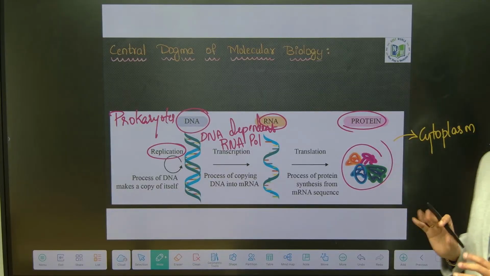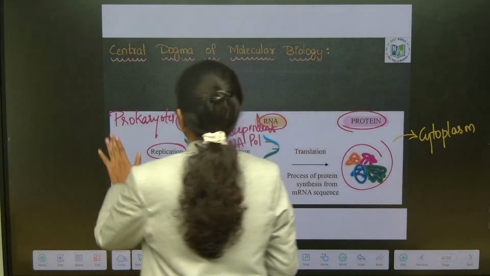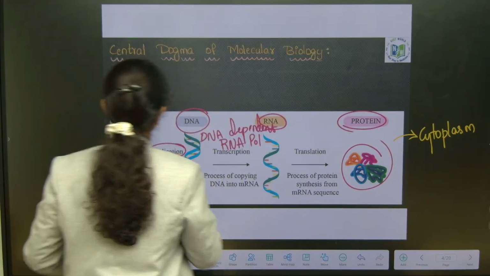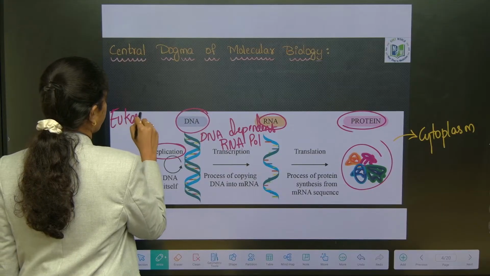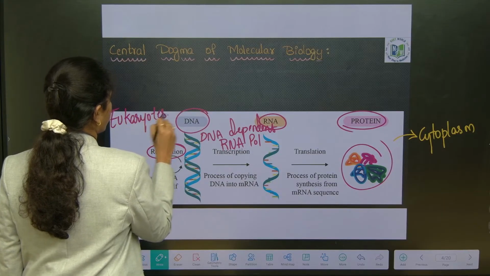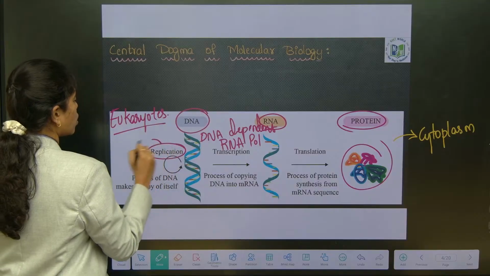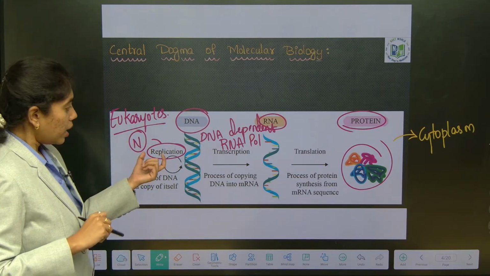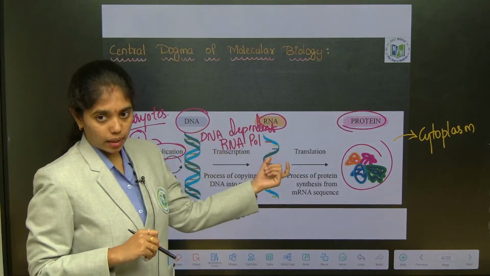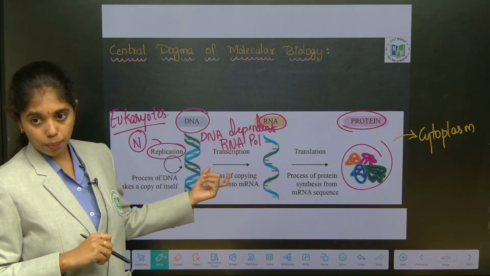Now we will look into eukaryotes. In eukaryotes, DNA replication occurs inside the nucleus. DNA is transcribed to mRNA by DNA-dependent RNA polymerase.